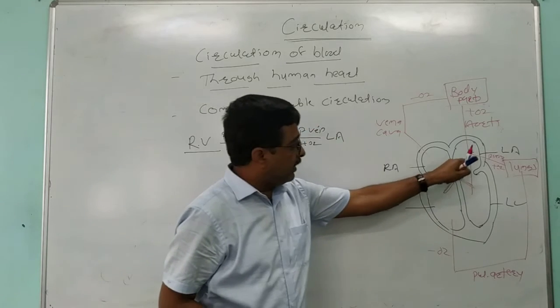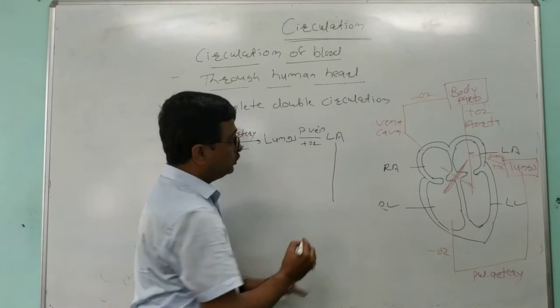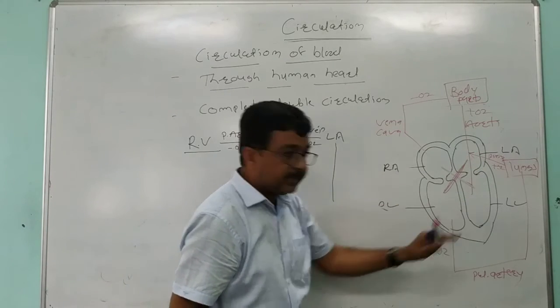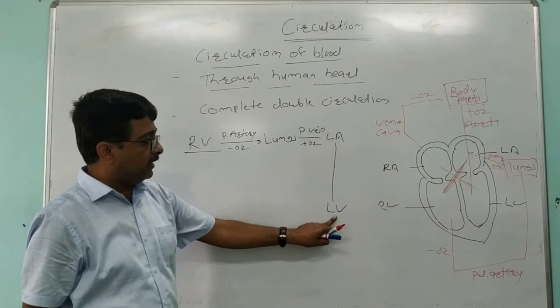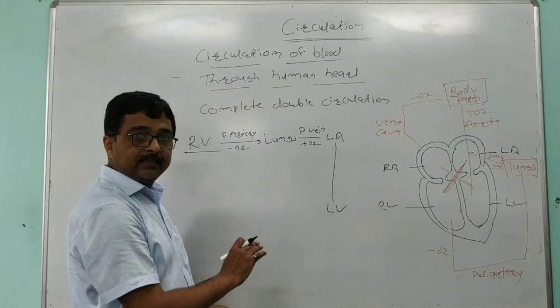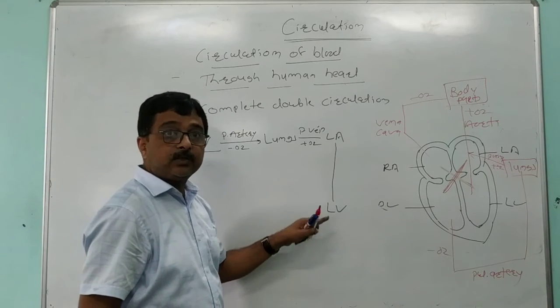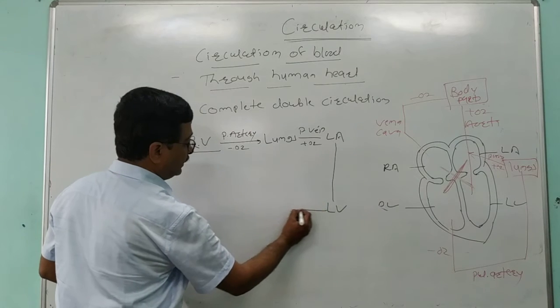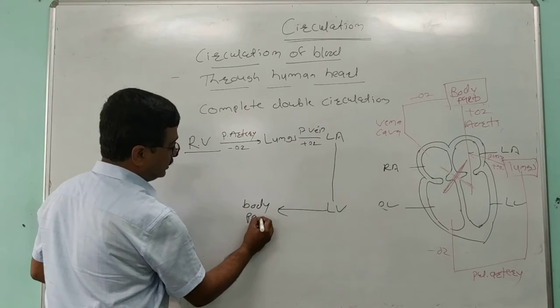Now from the left auricle the blood enters into the left ventricle. Now in the left ventricle the blood is oxygenated. Now this oxygenated blood should be supplied to the body parts. So it is supplied to body parts.